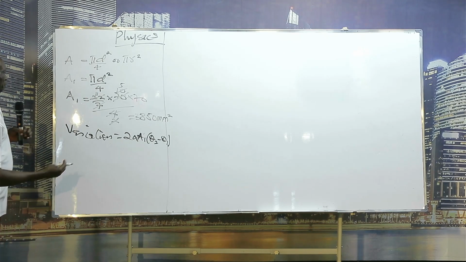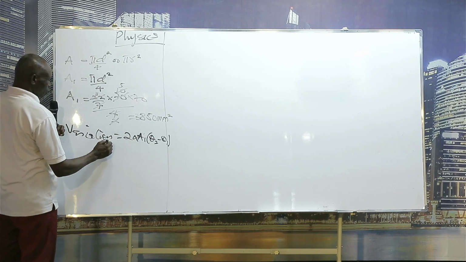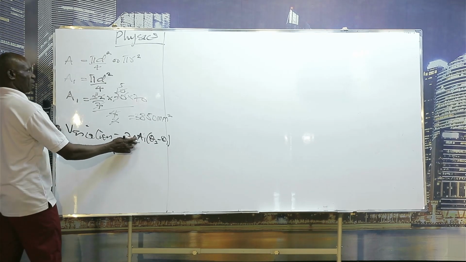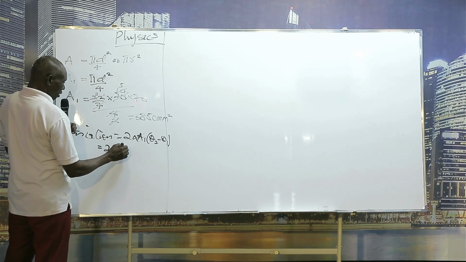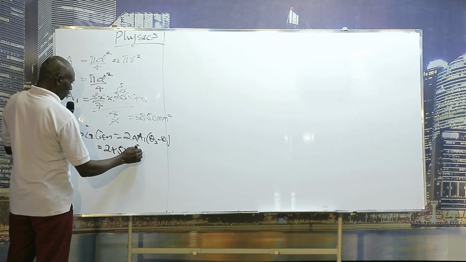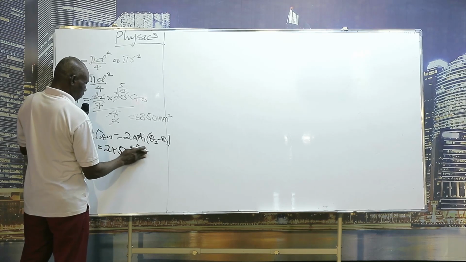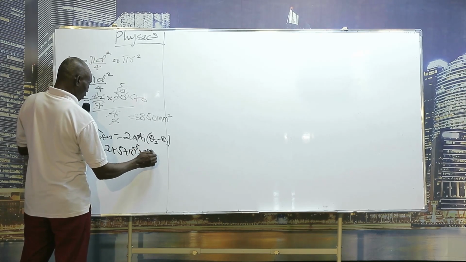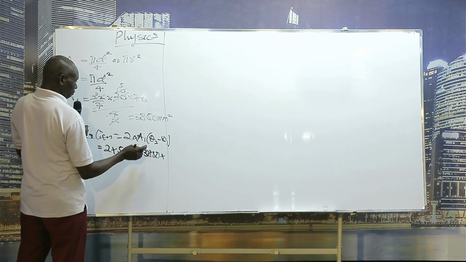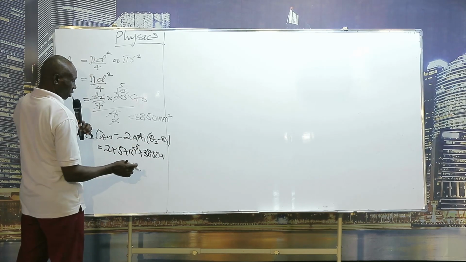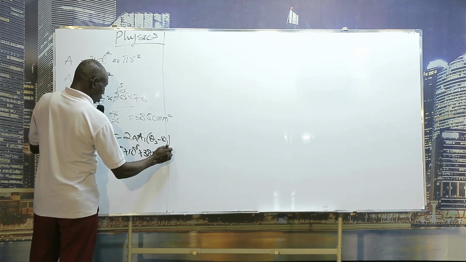Some of you are mathematically okay, but naturally you are afraid of it. So with this now, we can easily substitute. 2 times alpha, 5 times 10 raised to power minus 5, times A1, 3,850, times 120 minus 20, which is 100.